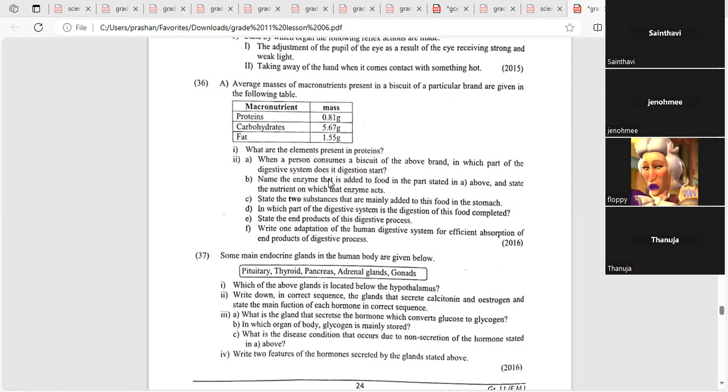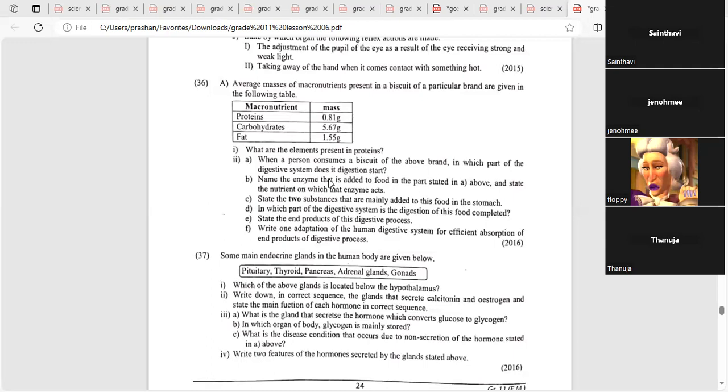The small intestine is a long tube, with circular folds in the inner wall, villi and microvilli, and finger-like projections. The wall of the small intestine is like this, and there are also microvilli.